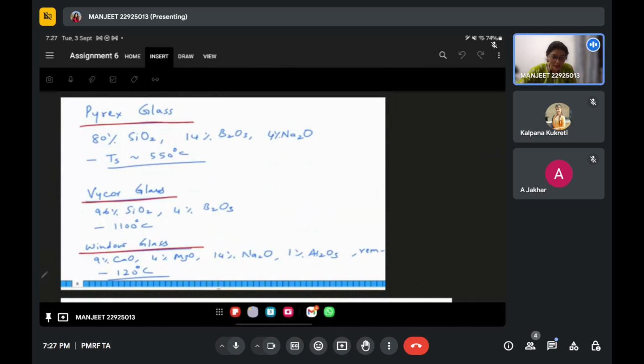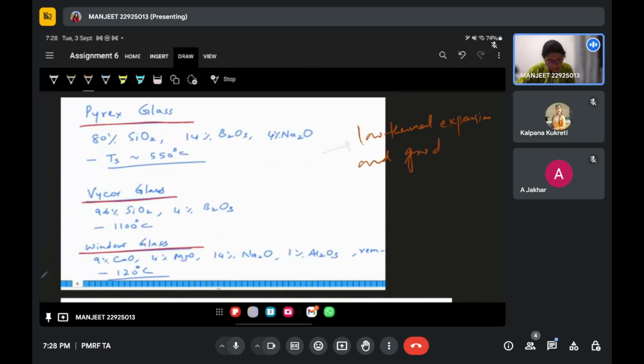In Pyrex glass we have borosilicate, so we say this is borosilicate glass, and it has low thermal expansion and good resistance to thermal stress, because it is 80% silica mixed with 14% boron oxide and 4% sodium oxide.